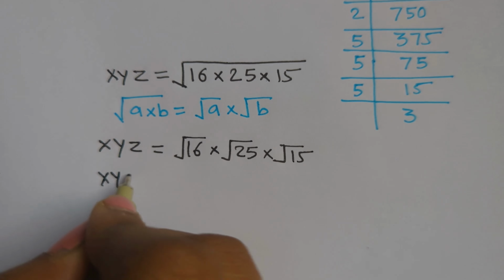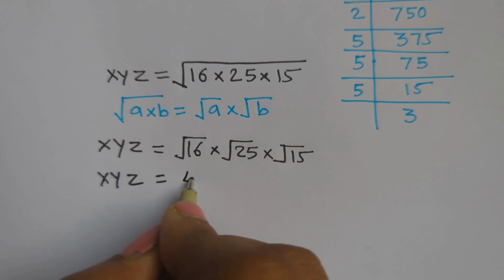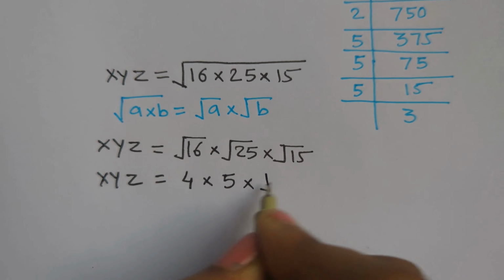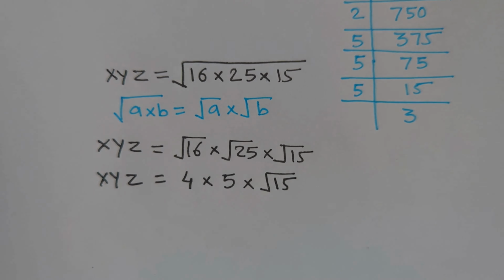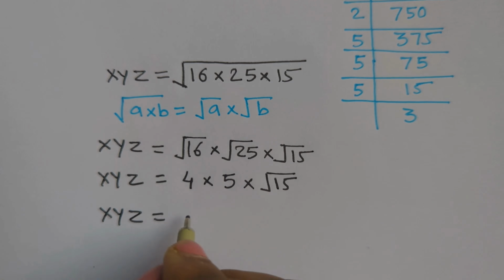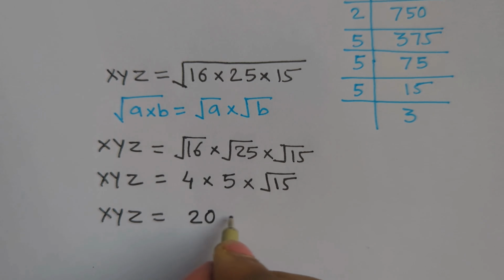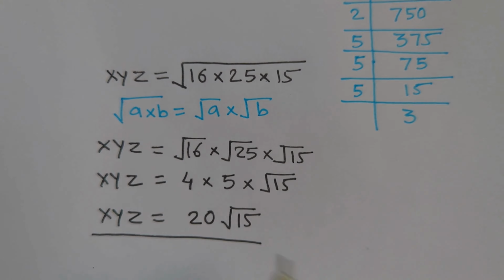We know the square root of 16 is 4, the square root of 25 is 5 and the square root of 15 stays as it is. Finally, xyz equals 4 fives are 20 square root of 15.